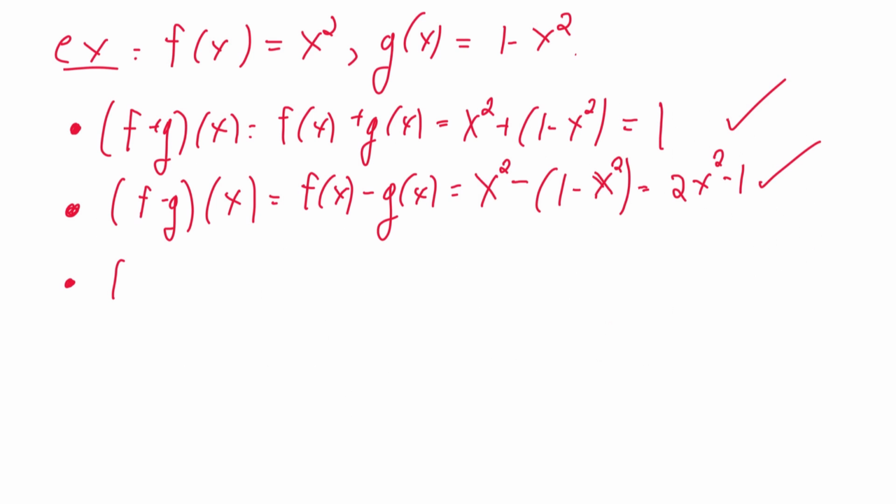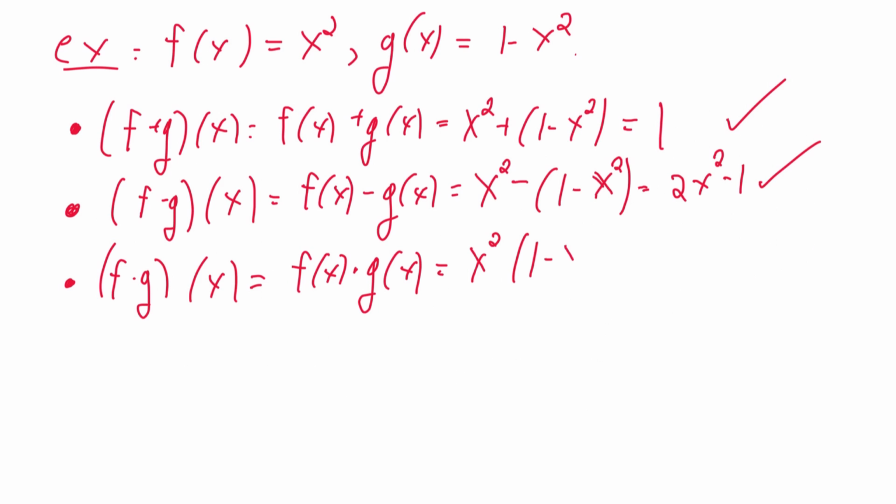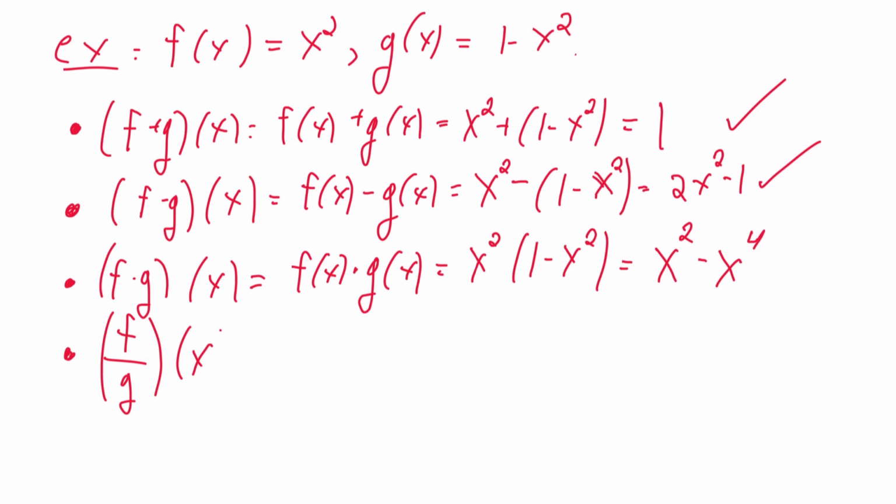Let's look at f times g of x. So this is f of x times g of x. So x squared times 1 minus x squared. And you could expand this, if you like, to x squared minus x to the fourth. Just for fun, let's also do a division. F divided by g of x.